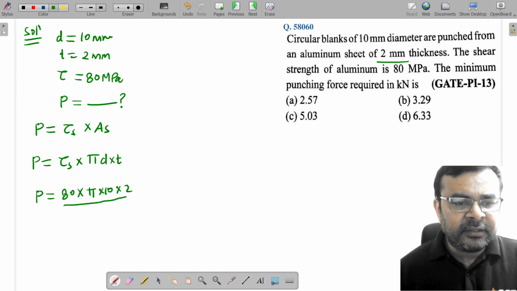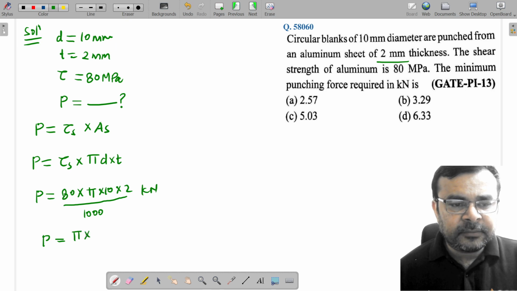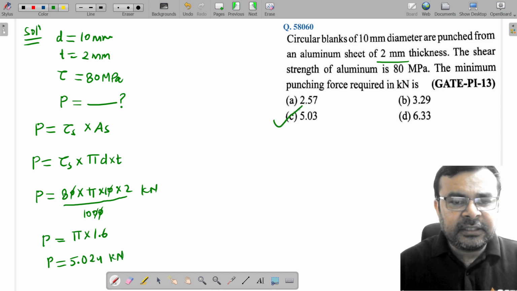And if I divide this value by 1000, then we get this value in kilonewton. So after simplifying this, you will get how much? The pi times, let's cancel out with this, is 1.6, and if you calculate this, then we get 5.024 kilonewton. The correct answer is option C.